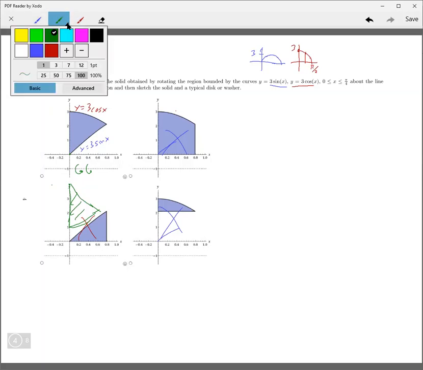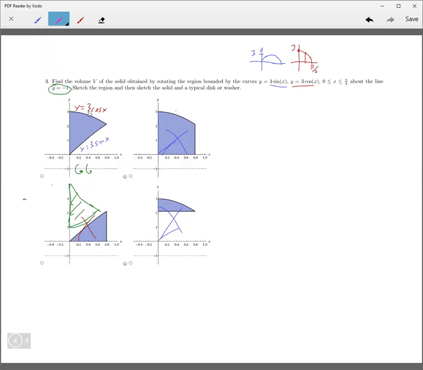And if we take a typical cross-section here, I'll have to shrink it, but that's going to look like a washer, like that. And the outer radius is going to be from here to there. The outer radius is 3 cosine x plus 1.